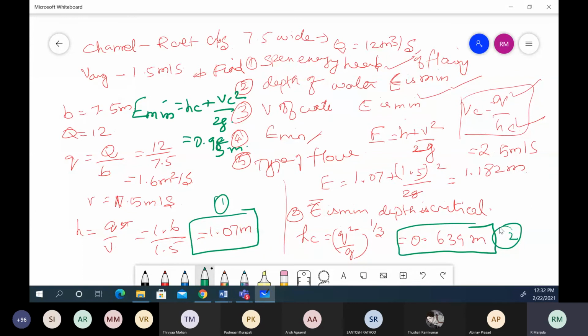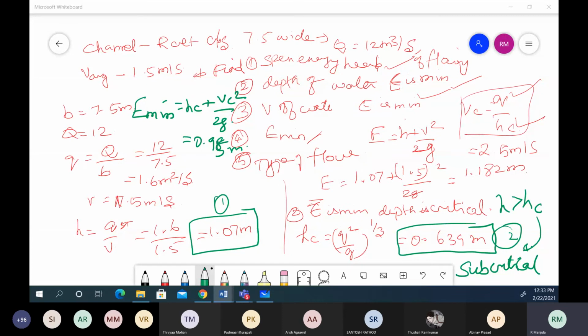H is higher. So when the depth of water is higher than the critical depth, what type of flow is it? Subcritical flow. Yes, that's all. It is a subcritical flow because H is greater than Hc. Hence your type of flow is subcritical or tranquil flow.